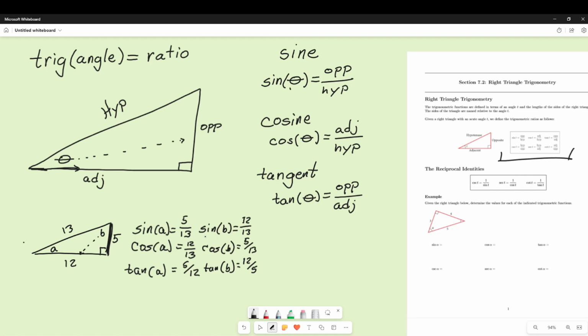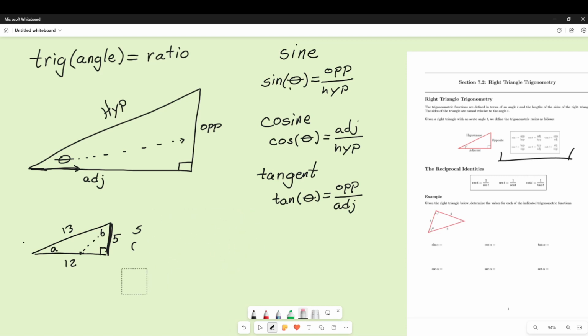Now you might notice some relationships in here, and we'll talk a little bit more about those relationships in a bit. But before we get too far, I do want to talk about our other trigonometric functions, because I said there were 6. And you might be asking yourself, well, we've got this pairing, this pairing, and that pairing. How could there be 6?